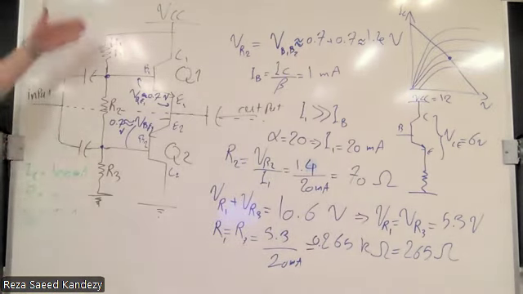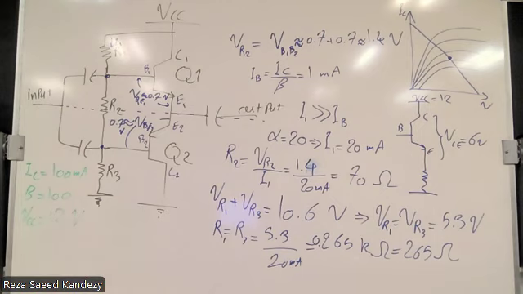So we know everything about our Class A amplifier, and we design what we want based on what the goal is. Now, your beta is different. Maybe your collector current is different, or your source voltage is different. Okay?